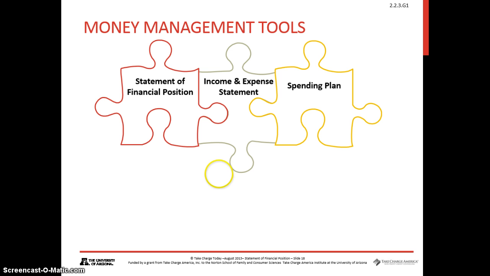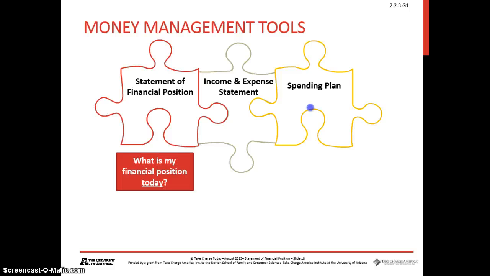In addition to the statement of financial position, there are 2 other money management tools that will help you manage your money. That's the income statement, or income and expense statement, and the spending plan. These 3 money management systems work together to help you objectively evaluate your past, your present, and your future financial decisions as they reach your goals toward the net worth that you desire. What is my financial position today?